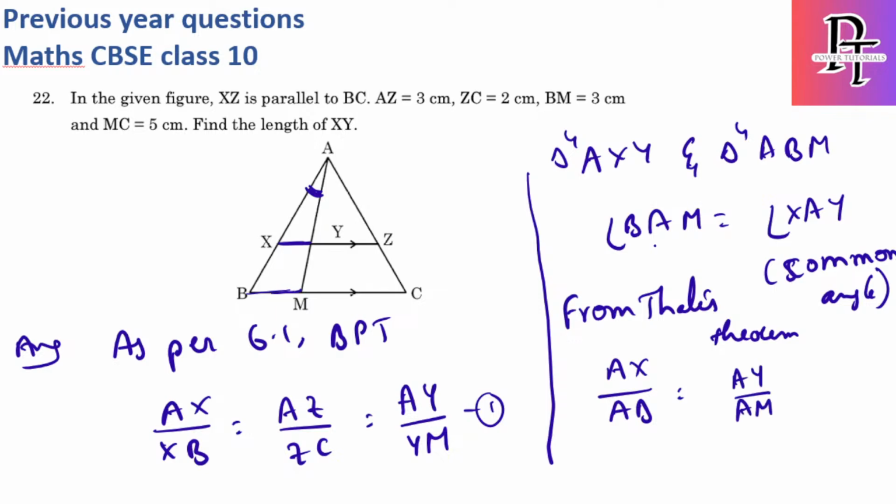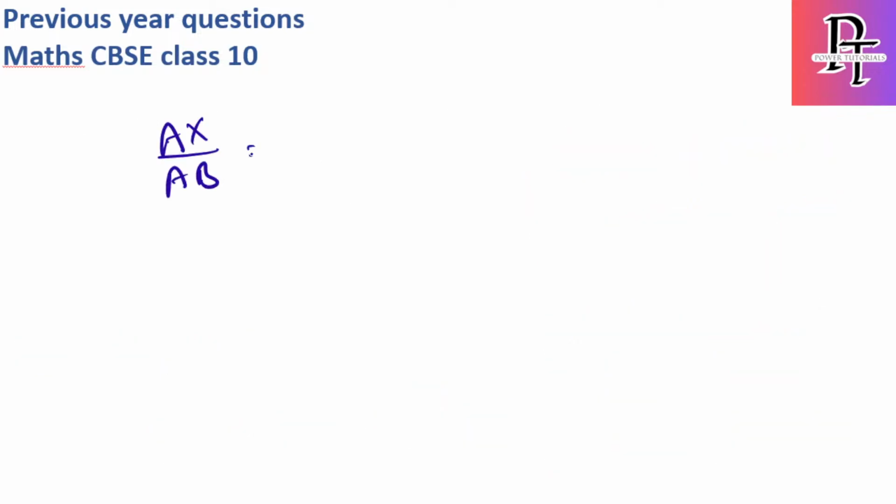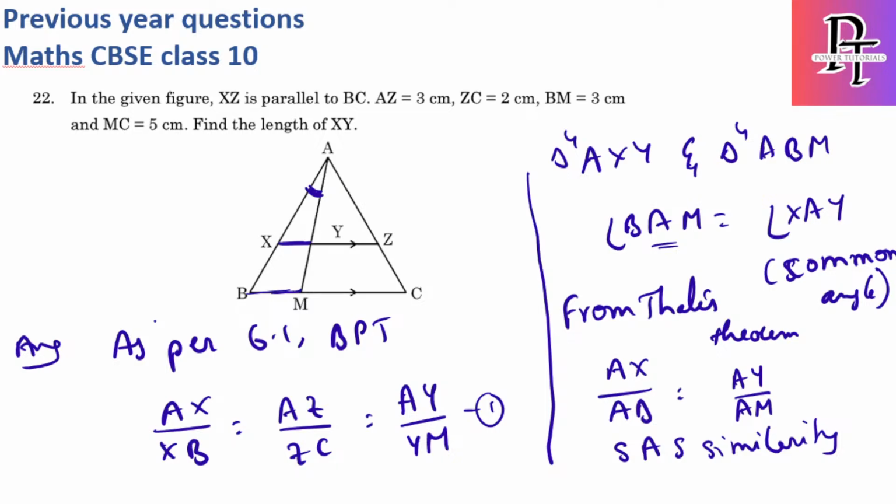So we have one angle equal and one pair of sides proportional. So using SAS similarity, I can say these two triangles are similar. If triangles are similar, then the corresponding ratios should be equal, which I'll write on the next slide. AX by AB should be equal to XY by BM should be equal to AY by AM.